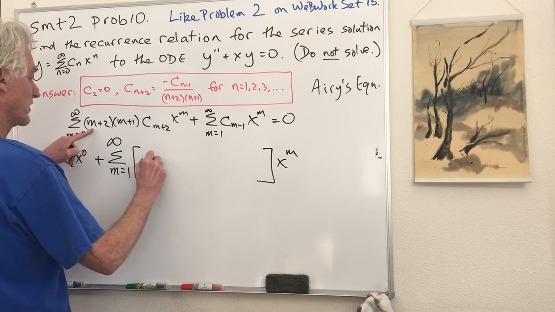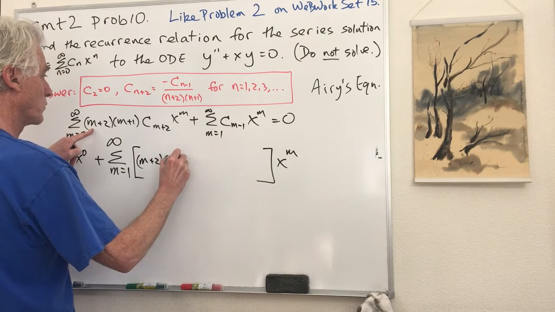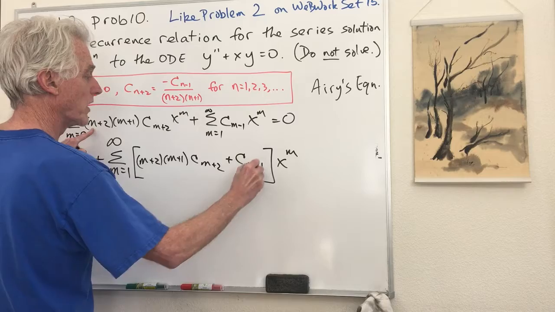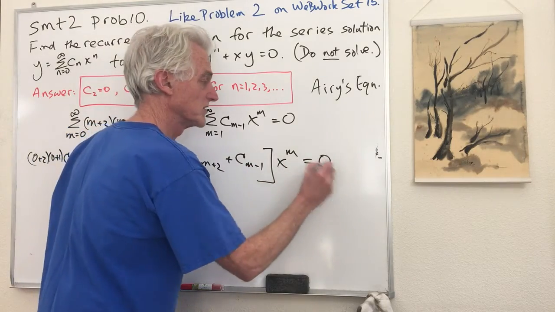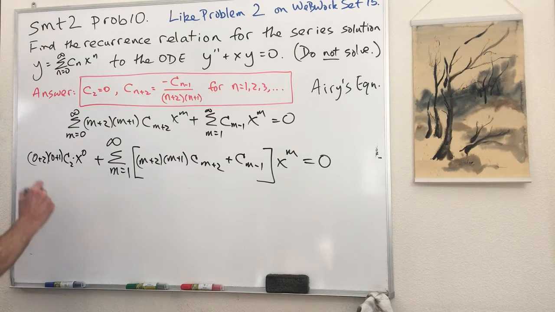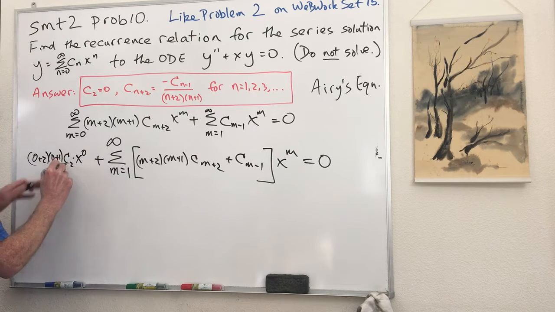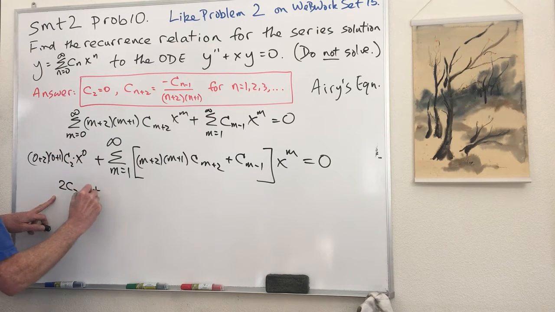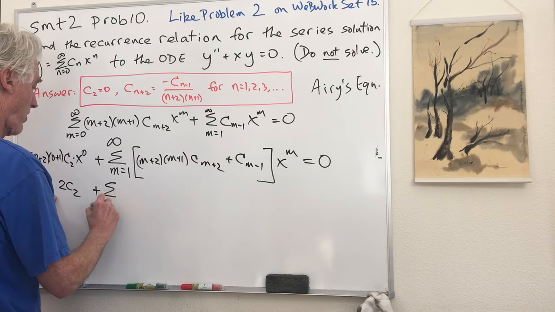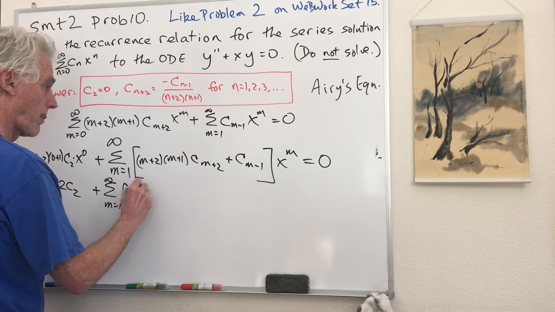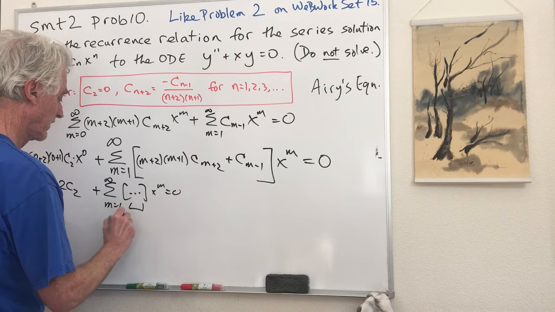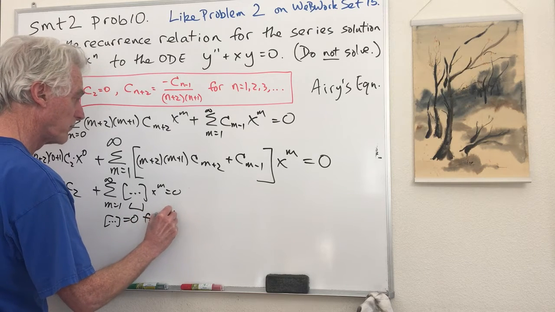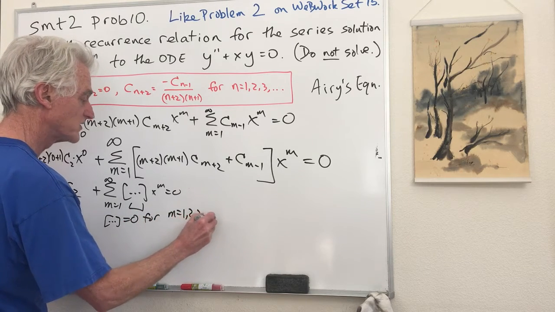So I get m plus 2, m plus 1, c sub m plus 2, plus c sub m minus 1, and that function is the 0 function. This is a fancy way of saying 2c2 plus this thing, which equals 0 for m equals 1, 2, 3, etc.